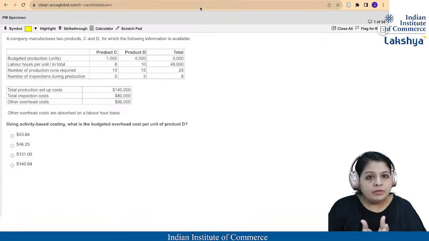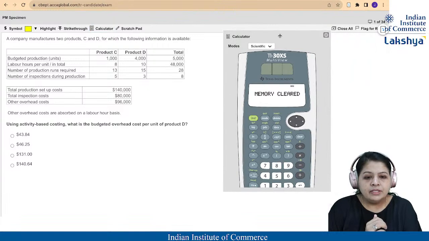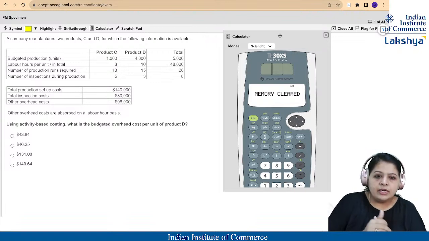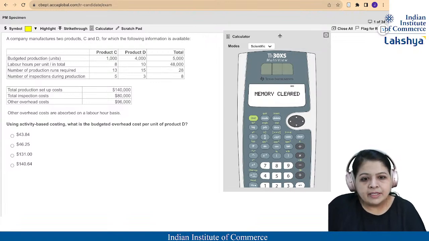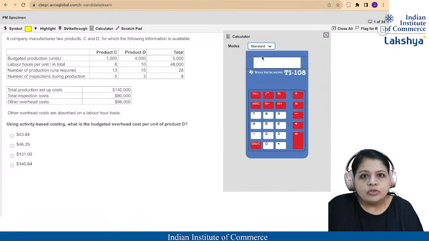If they do allow you, well and good. If they don't, then you need to be ready to use the calculator that is given on the exam paper itself. There are two modes of calculator available, the scientific mode and the standard mode. Whichever mode you want to use, you can use from here.